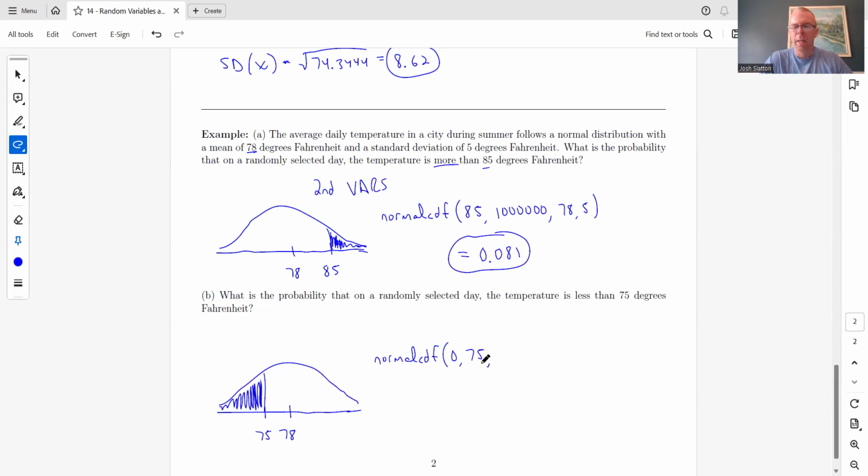Really, the whole point is if it's one of these areas where you don't technically have a lower bound, pick a number that is very far away, measured in standard deviations. So 5 standard deviations, you get 1 standard deviation, 2 and 3 standard deviations. That's almost far enough. So just go far enough away is the point. Then you put your mean and your standard deviation, and let's see what we get this time.